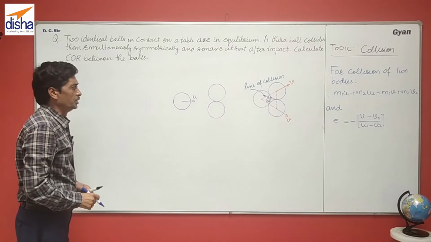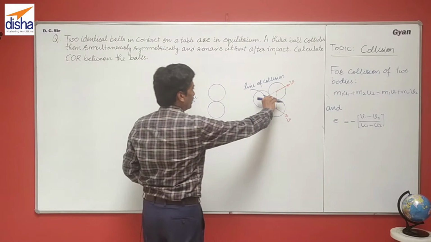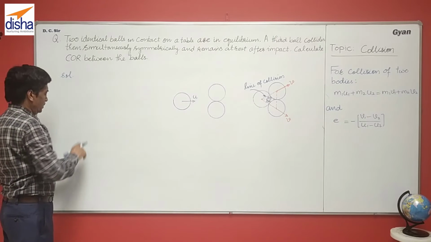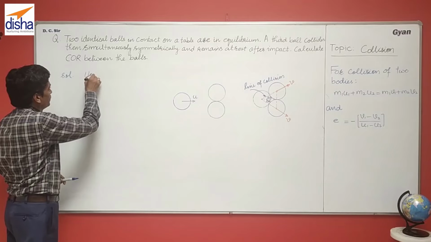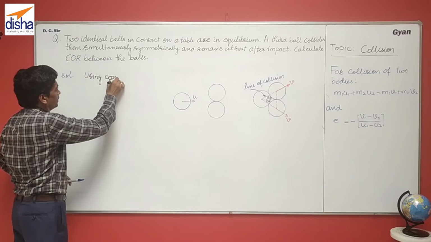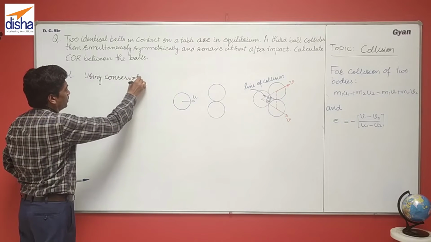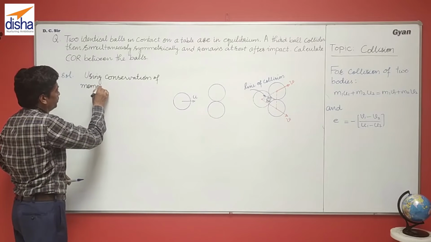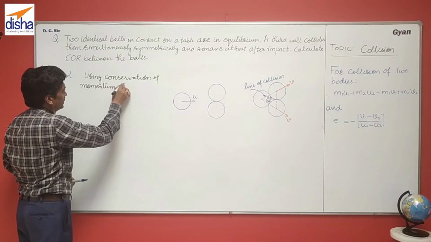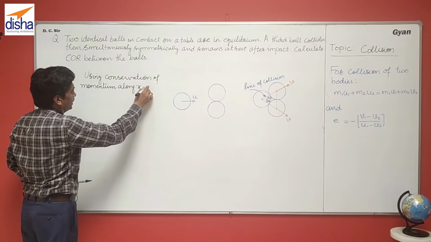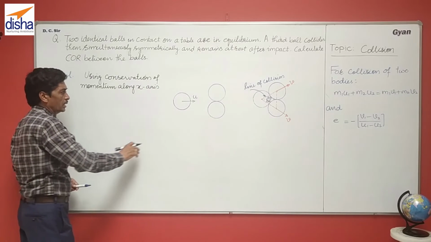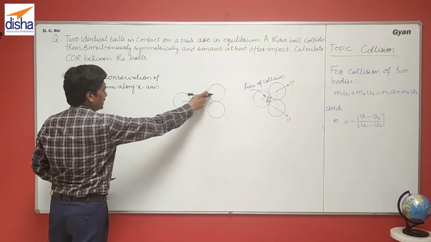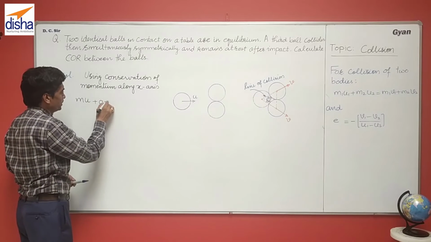Now using conservation of linear momentum along the x-axis. We have the momentum of this ball initially, and these two initially at rest, so there will be 0 plus 0.